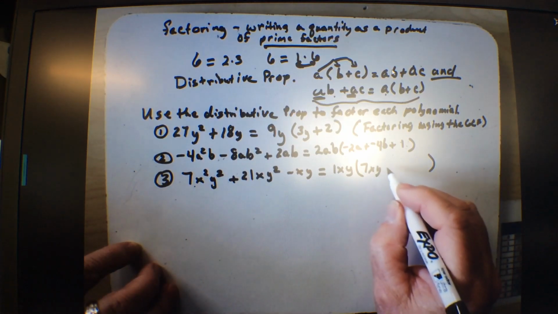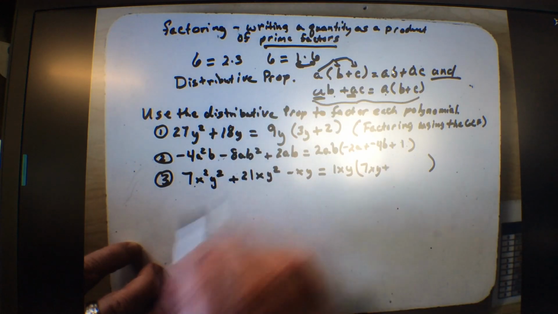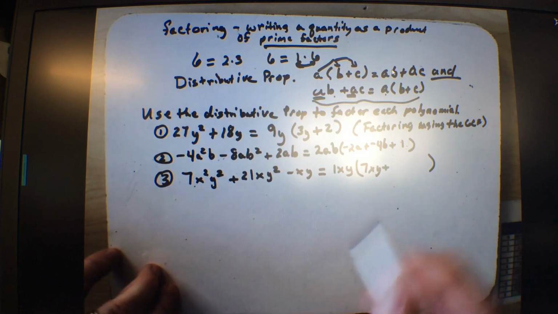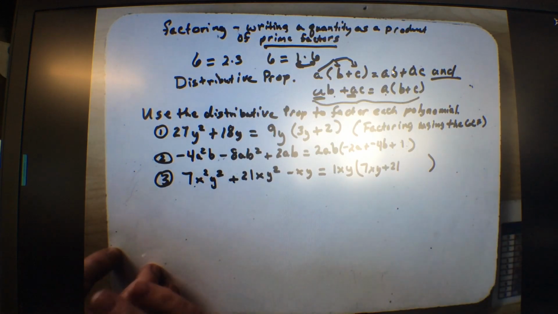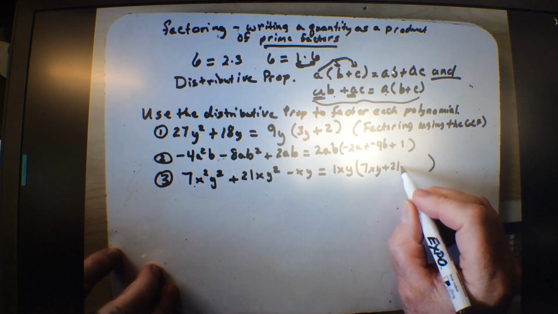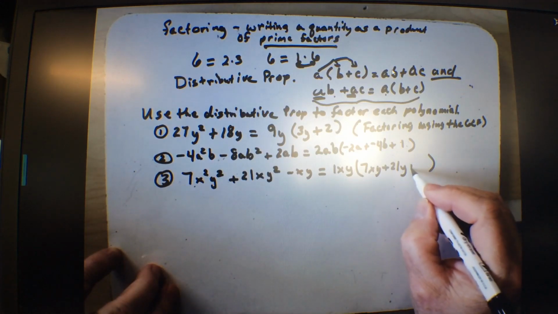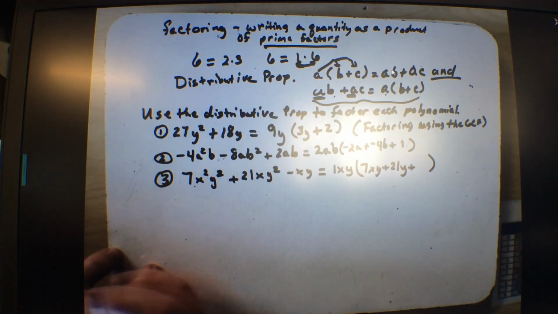All right. Plus, because this is a plus. Jackson? 21. Y? Is that it? All right. Plus? -1.